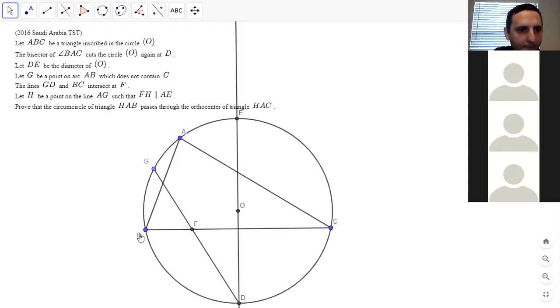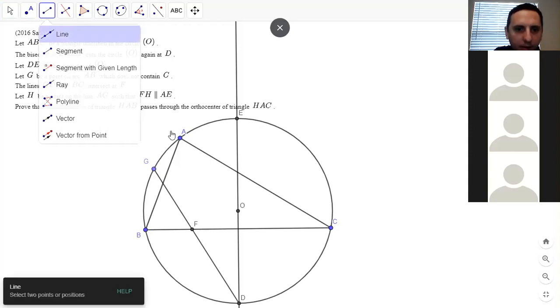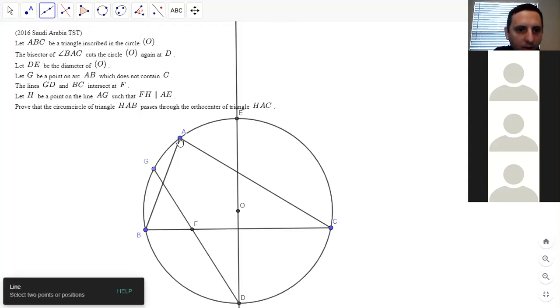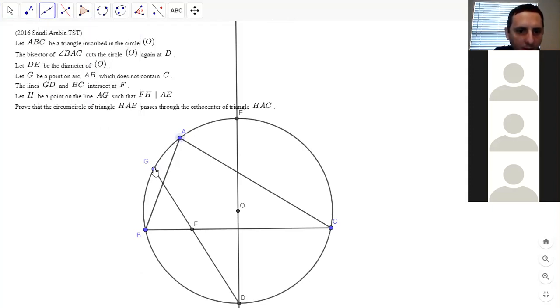H lies on AG such that FH is parallel to AE.